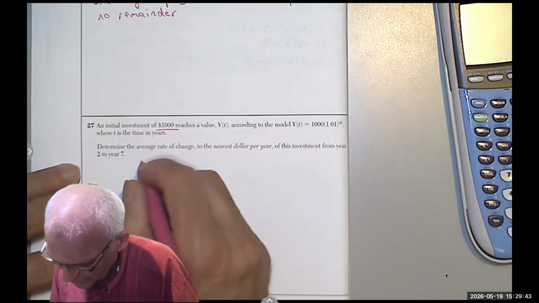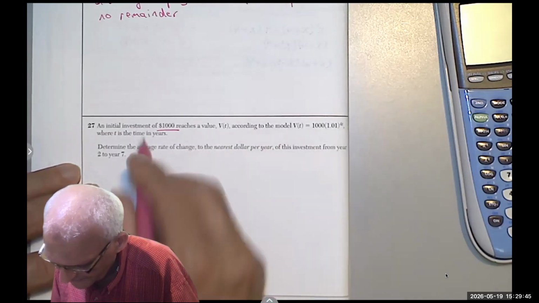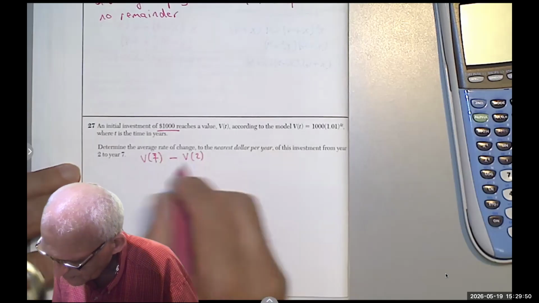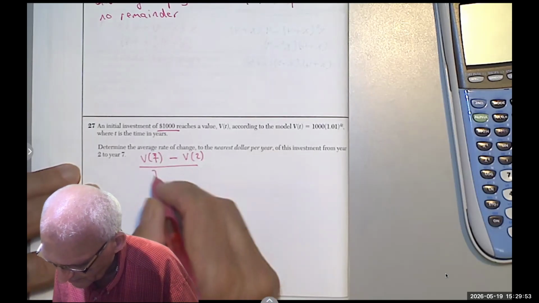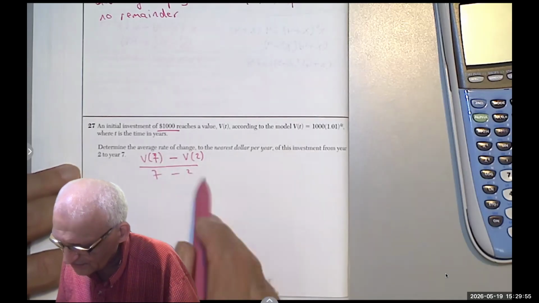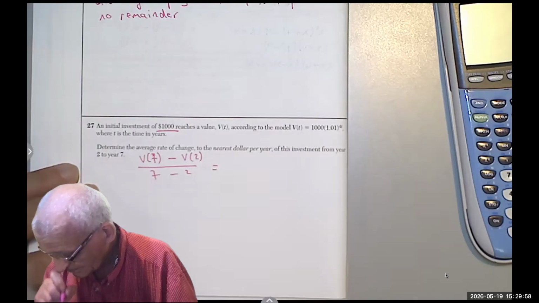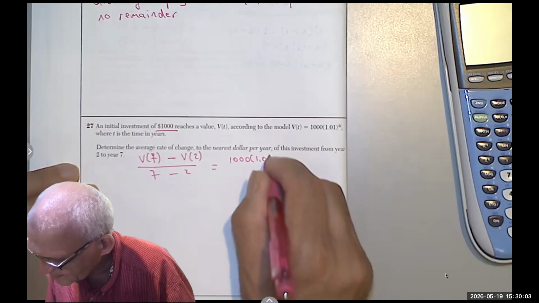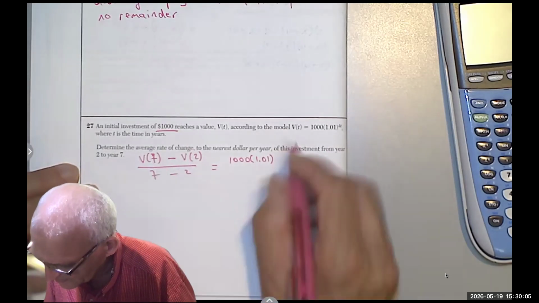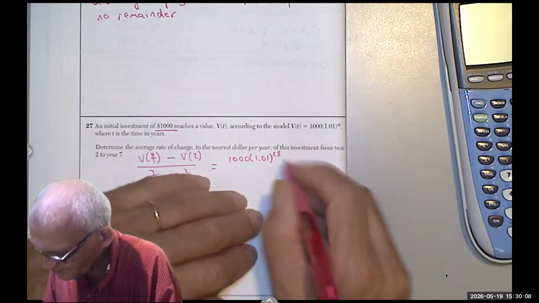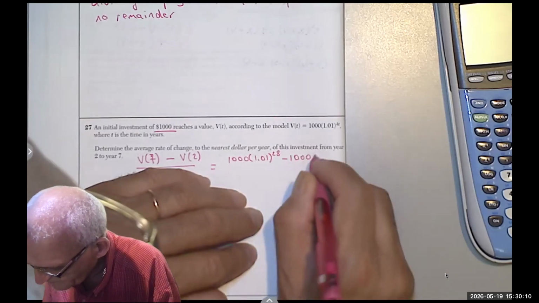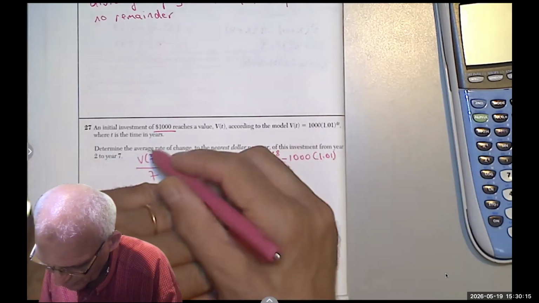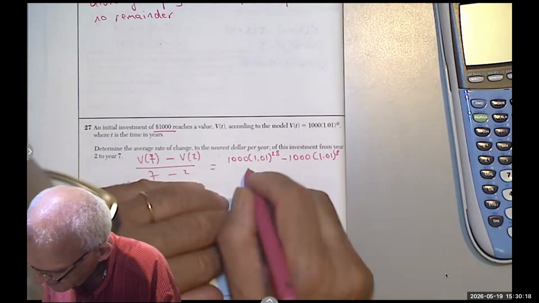Okay, so first of all, I have to find V of 7 minus V of 2 over 7 minus 2. So that's dollars over years, you get dollars per year. So 1,000 times 1.01 raised to the 4 times 7, which is 28, minus 1,000 times 1.01 to the 2 times 4, which is 8, over 5.